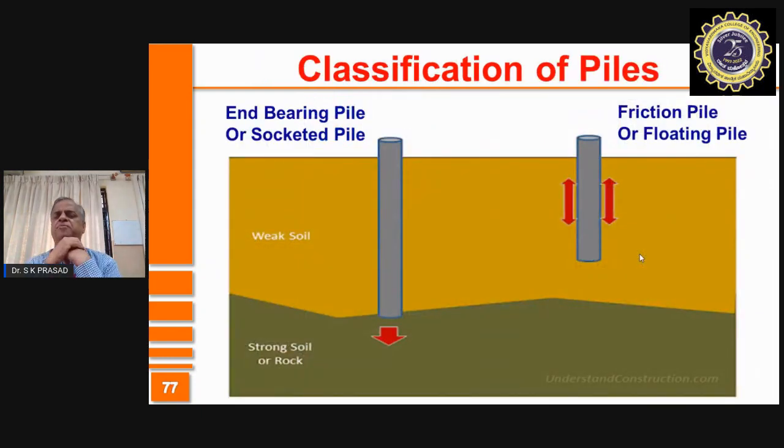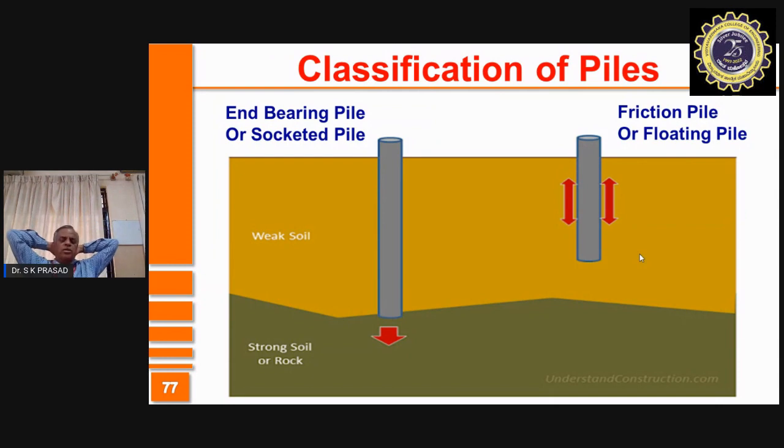Remember, there are different classifications. Two major classifications are a pile which is socketed into the ground, in which case, whatever total load is there, that is shared at the base only, that is taken at the base only. The soil in the neighborhood is weak or it may be even offshore.